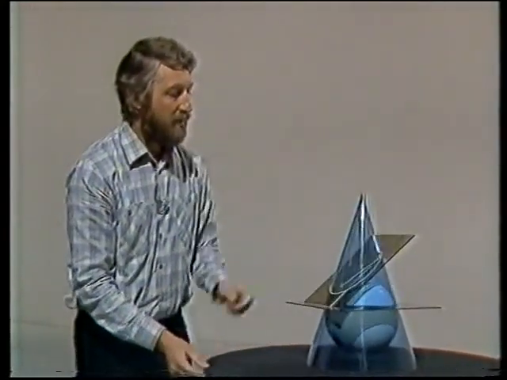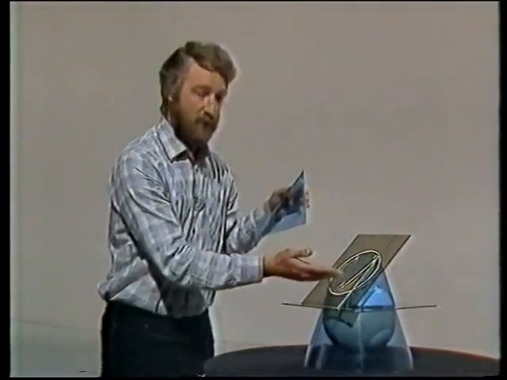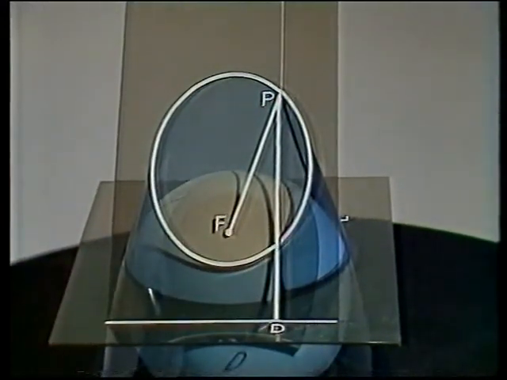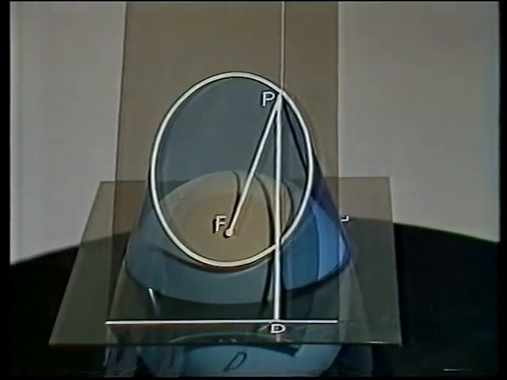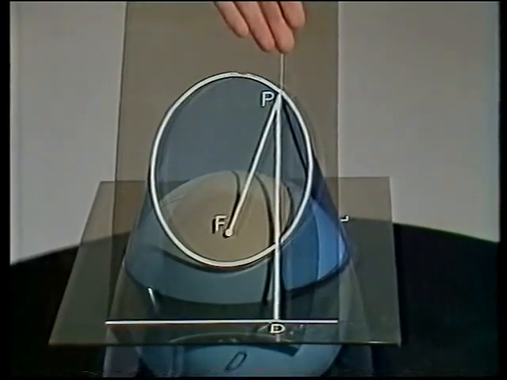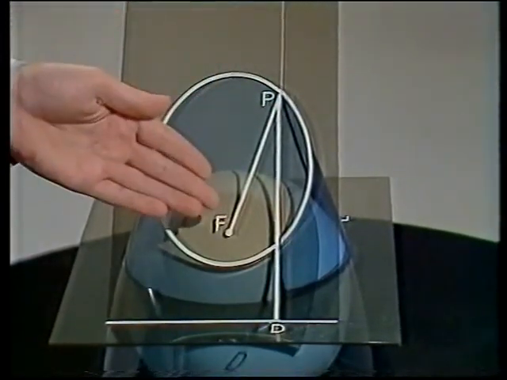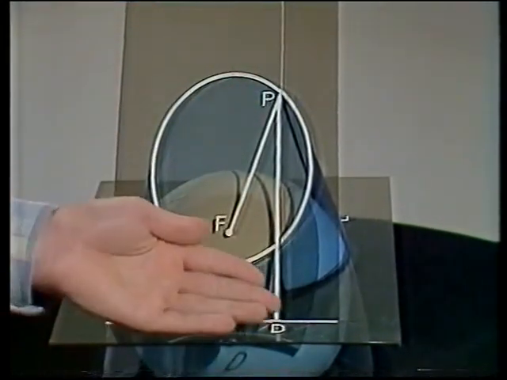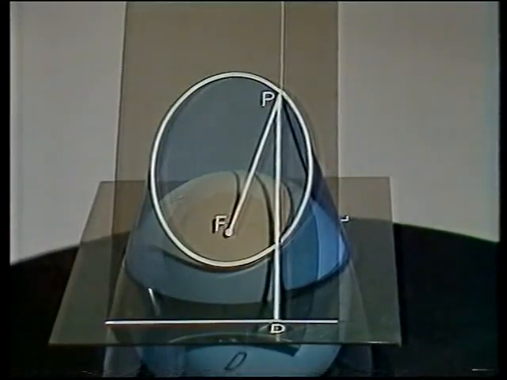Now, to show that this really is the focus and this line is the directrix, and at the same time to show that the curve is an ellipse, what we need to do is this. Take an arbitrary point P on the curve, join it to F, and draw PD perpendicular to this directrix line. We'll calculate the ratio PF over PD and show that its value is independent of the choice of the point P.